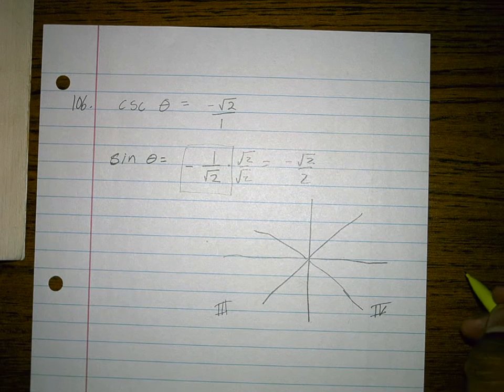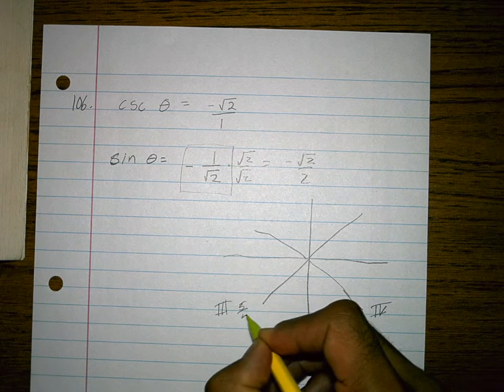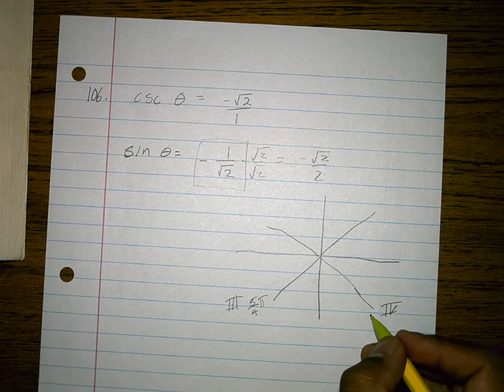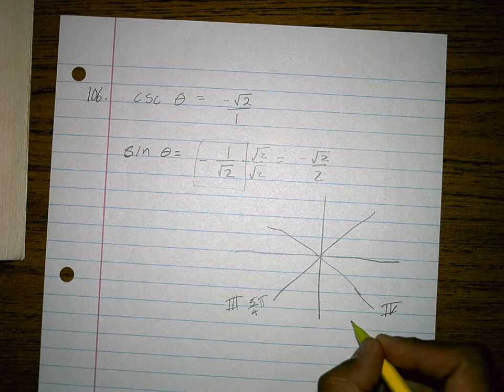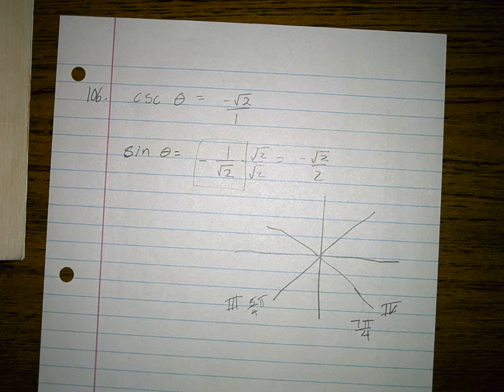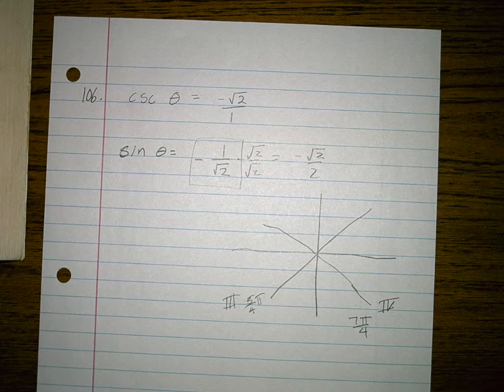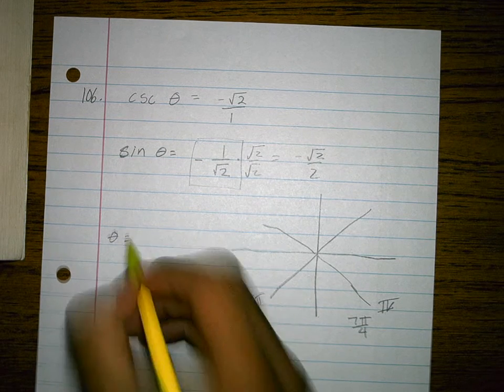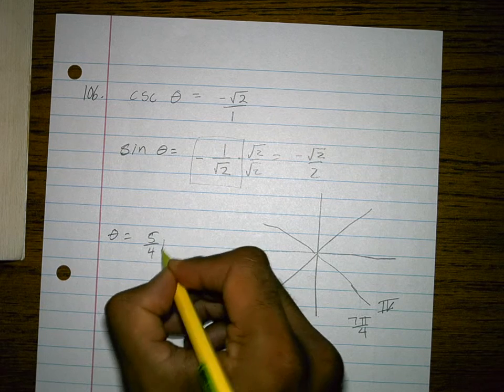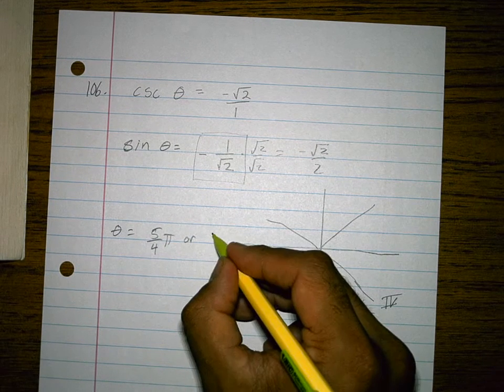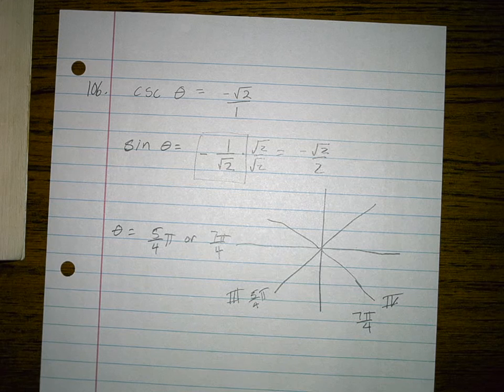That would basically be 5 pi over 4, which is right here, or it could be 7 pi over 4, because they are where the y's are negative, or the sines are negative. So those are my two thetas. Theta equals 5 pi over 4, or it could equal 7 pi over 4. All right? Okay, moving on.